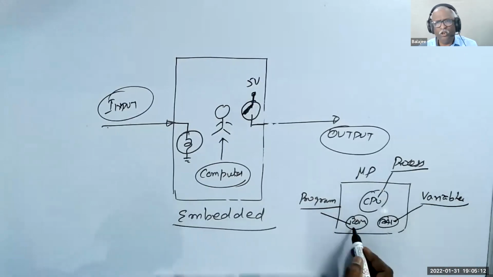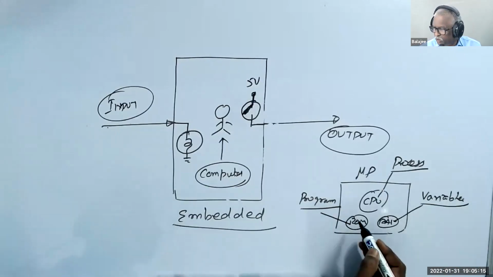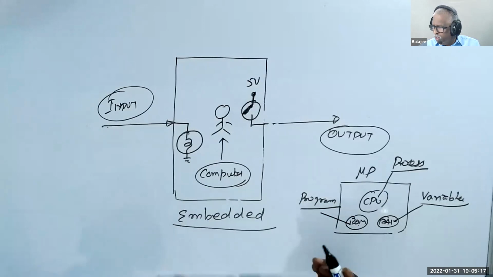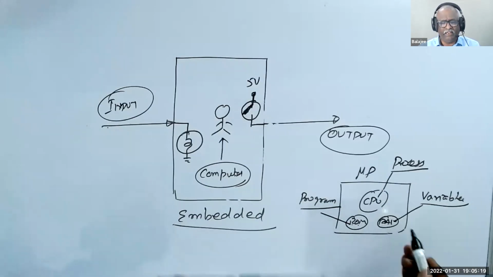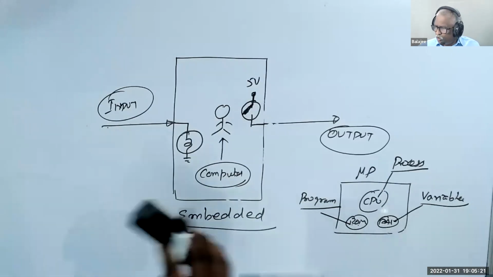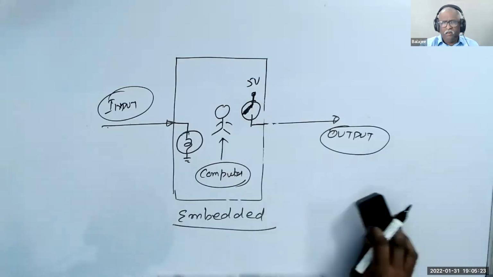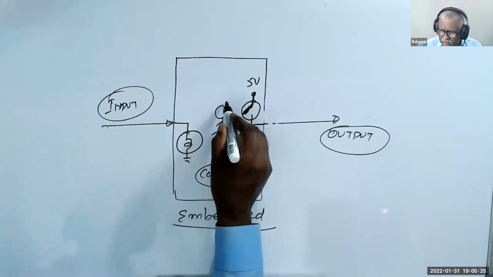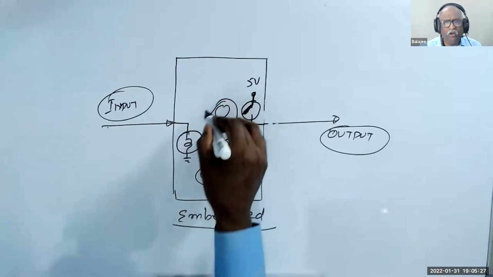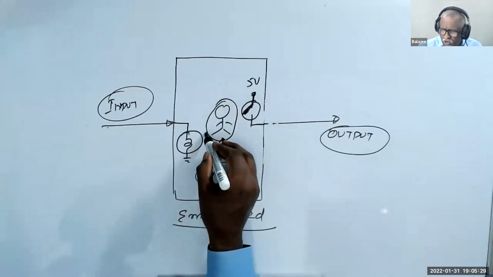Since you cannot write into ROM, it is read-only memory, whereas RAM you can write. This computer in between connects the input and output.